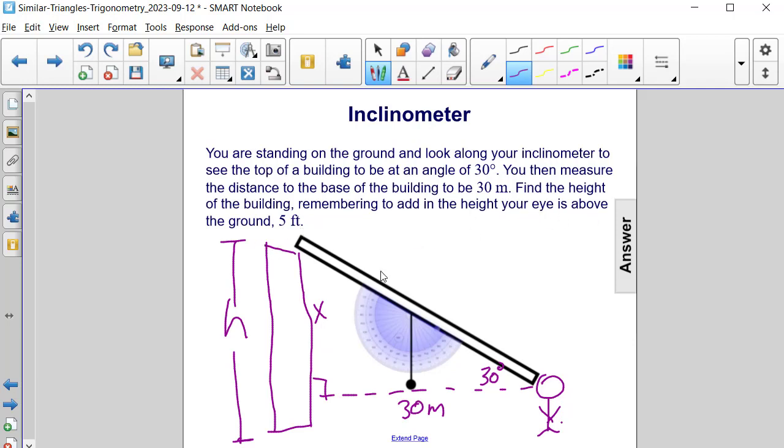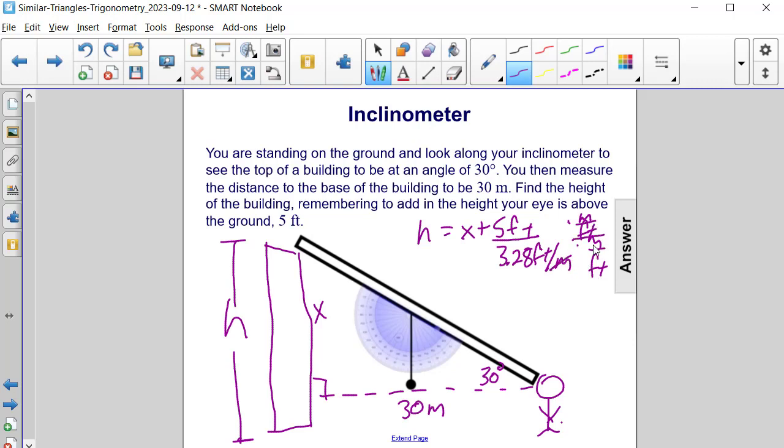It's 5 feet. So this h is equal to x plus 5 feet, but wait a second, this is in meters. So let's convert the 5 feet to meters by dividing it by 3.28 feet per meter. And since we have feet per meter in the denominator, we can multiply the top and bottom by meters over feet, and anything over itself is 1.